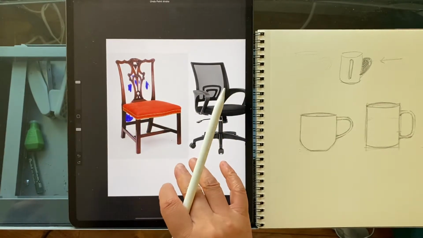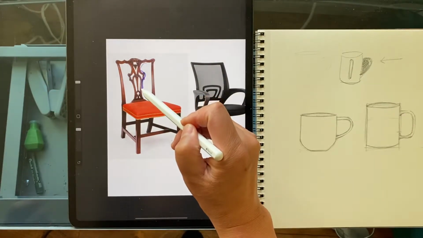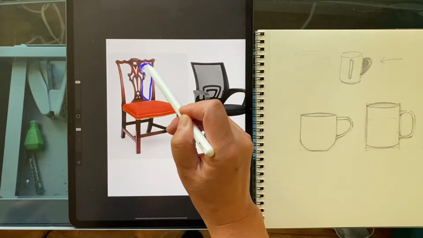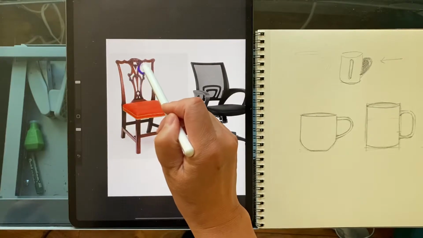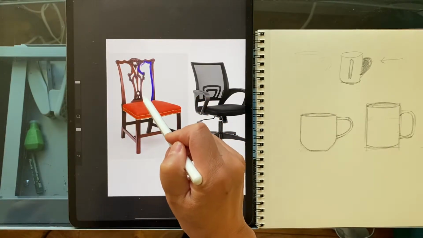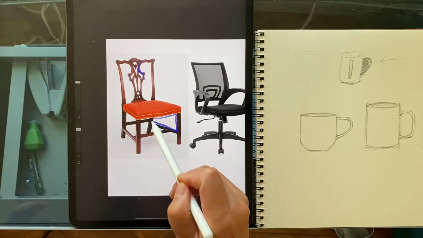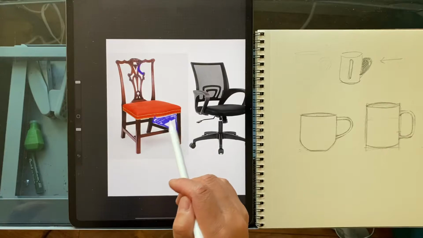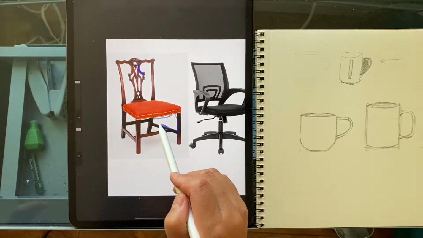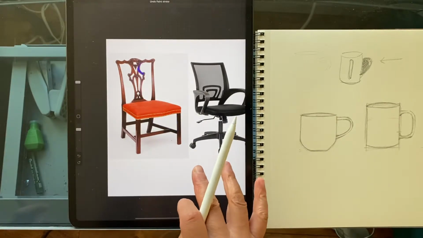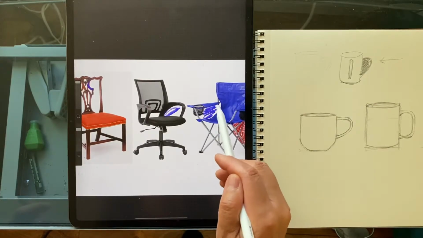If you draw the negative space correctly, exactly like that shape, then that means all the contour lines of the chair are correct, right? And if you draw that negative space correct, that means the shape of this contour line is correct. Same as this, same as all this.